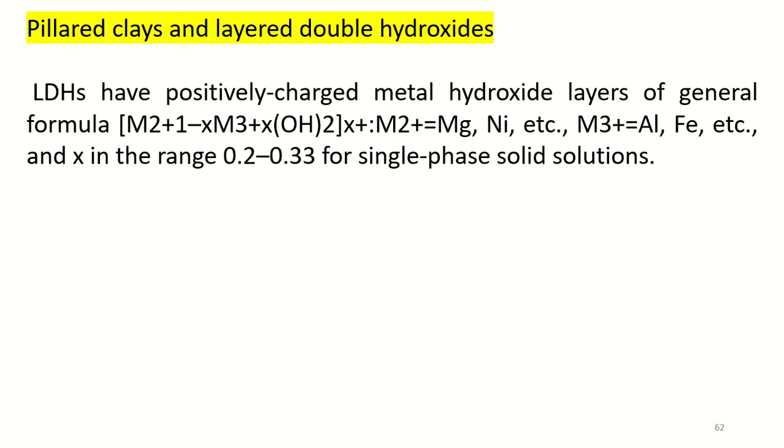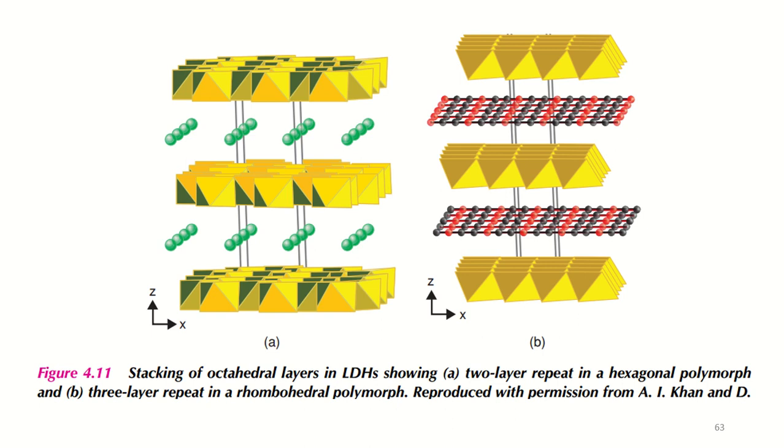In these compounds, similar sized M2+ and M3+ cations are highly disordered over the octahedral sites in the layers of edge sharing octahedra, which is shown in this diagram.